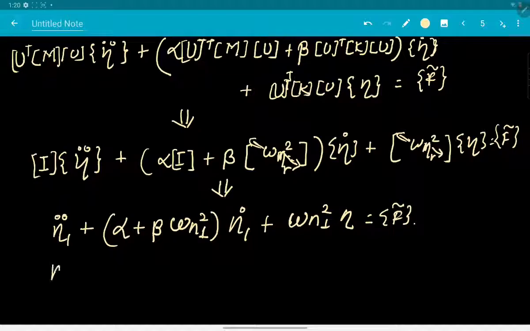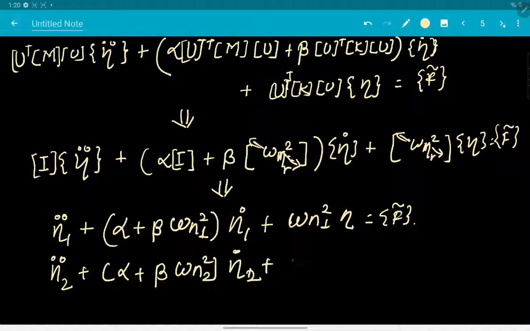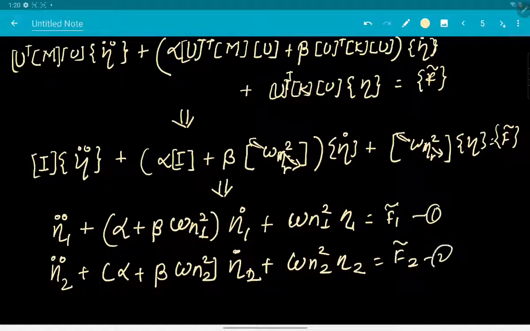And eta 2 double dot plus alpha plus beta times omega n2 square eta 2 dot plus omega n2 square eta 2 is equal to, here it will be f1 tilde, here it will be f2 tilde. Okay, this is equation number 1 and this is equation number 2.